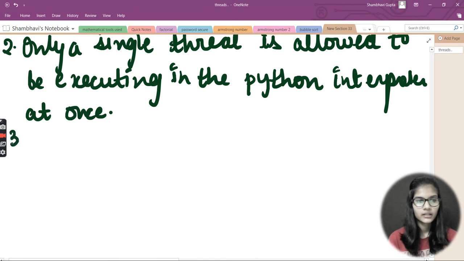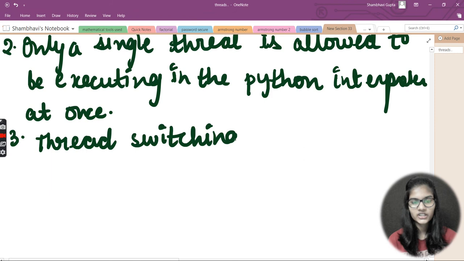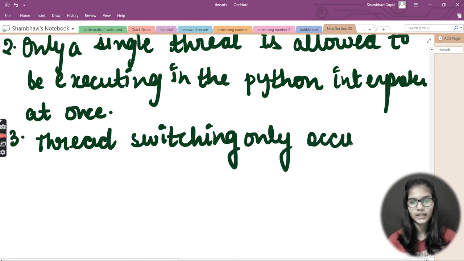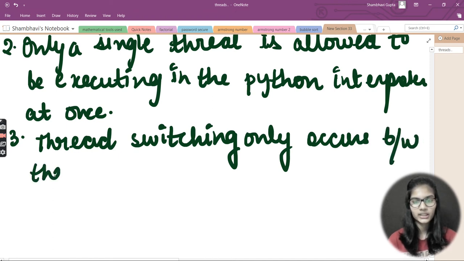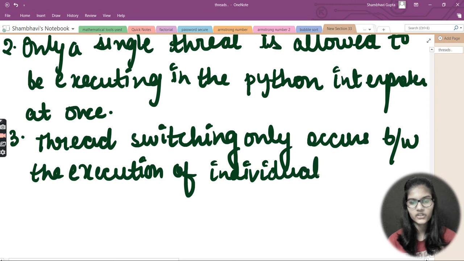Now let's move towards the third one, and that is thread switching. Thread switching only occurs between the execution of individual byte codes.